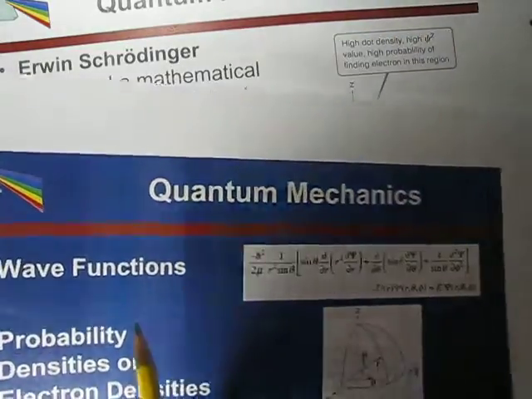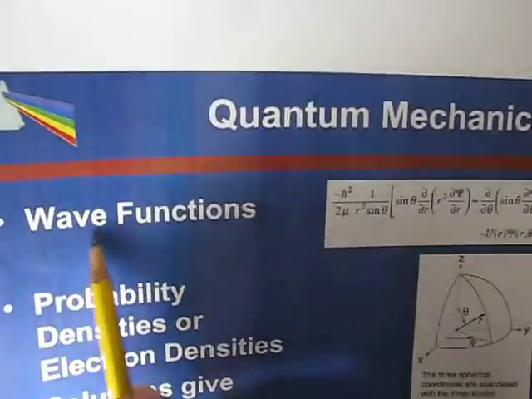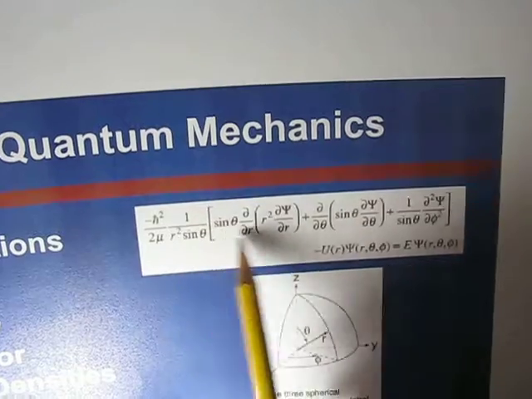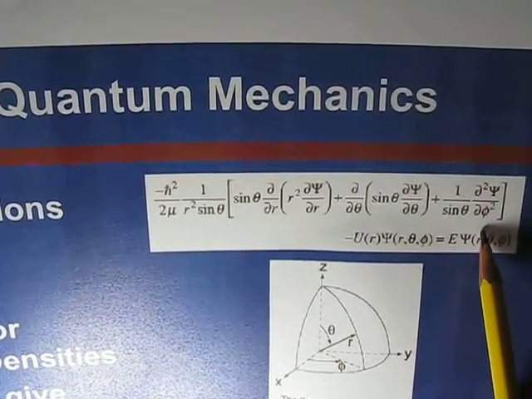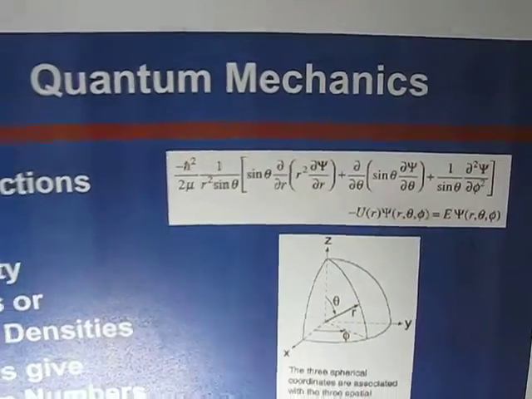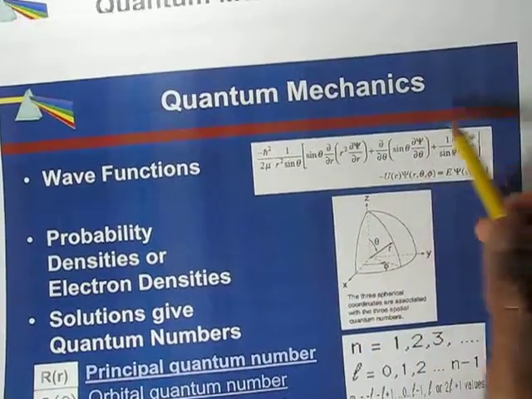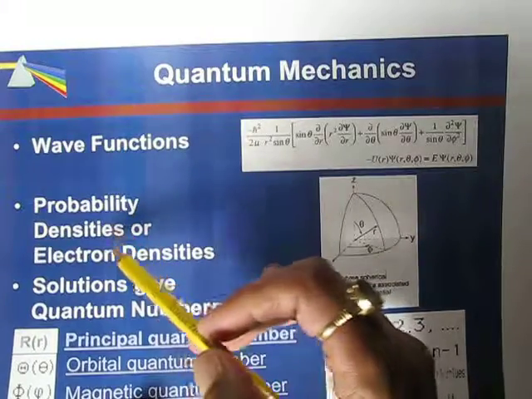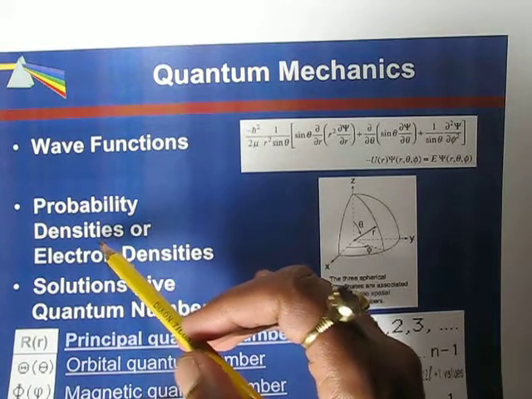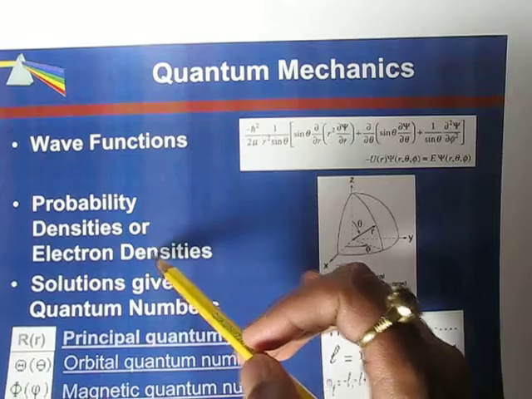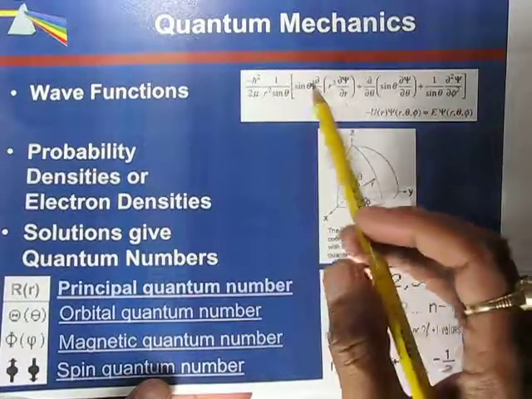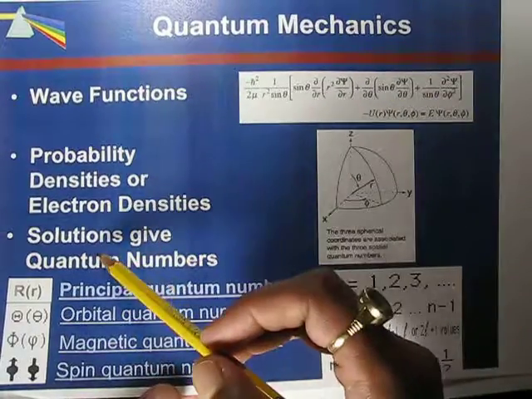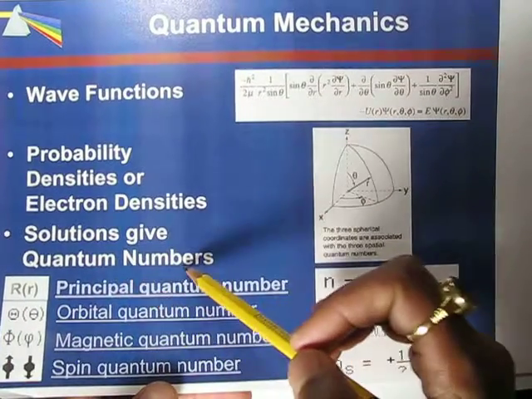According to Schrödinger's quantum mechanics, he gave a wave function, which is a very lengthy mathematical expression or equation. What it basically expresses is the probability or electron density in 3D space, and after solving this equation we get the quantum numbers.